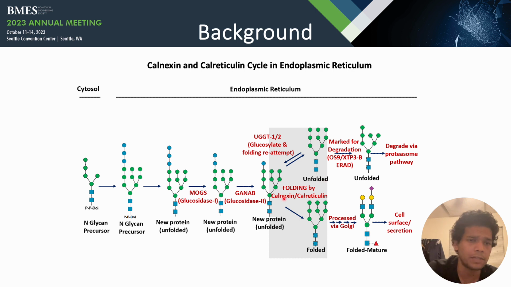So our area of study is that we have made the MOGS knockout, calnexin knockout and calreticulin knockout, and then studied the global changes within the cells, so that we can predict how important each of these intracellular chaperones or glycosylation processing proteins is for cell functioning.